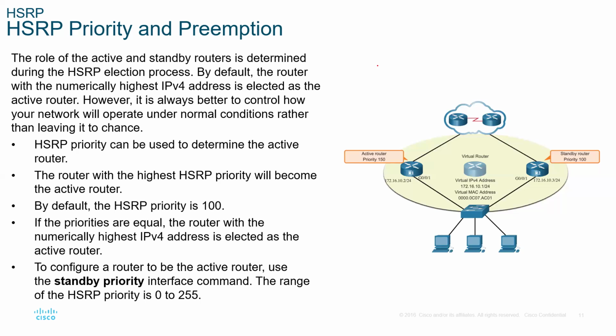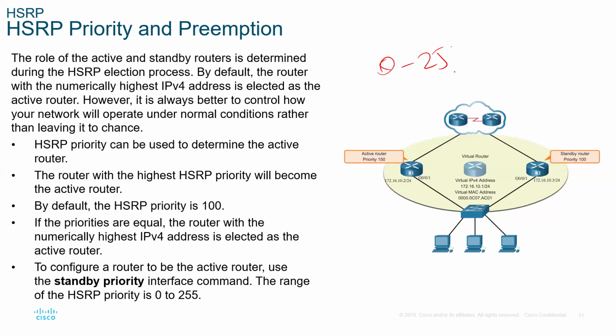So it is very wise that the router with the most capable hardware in your network should be the active router, so that all the forwarding, all the routing, all the processing of our packets goes through that one. To control how that happens, there are what we call priority values. The priority values go from 0 to 255.